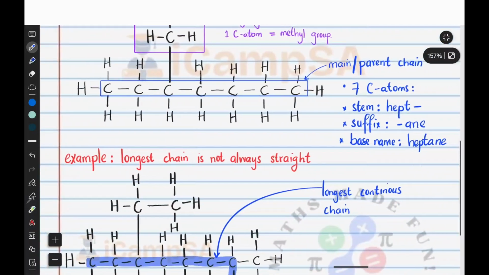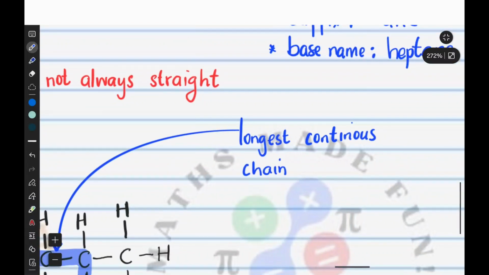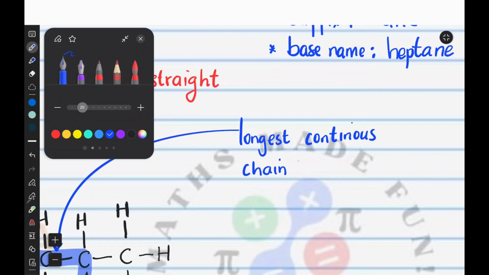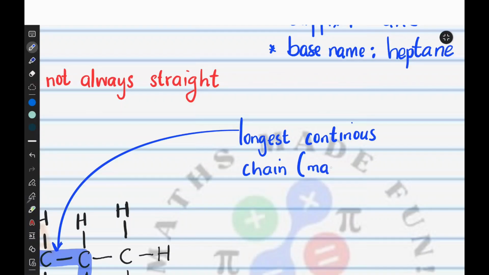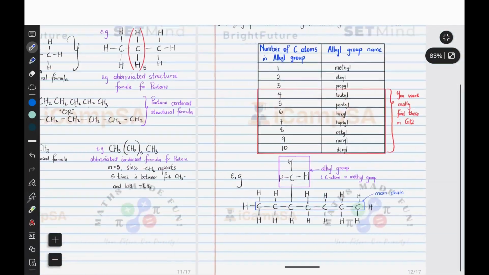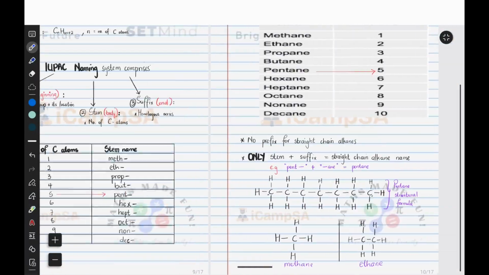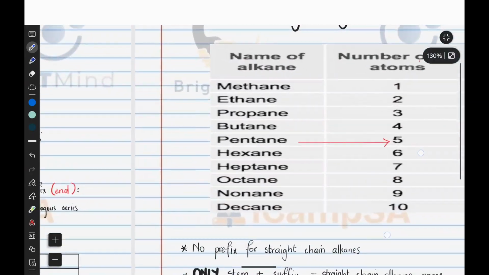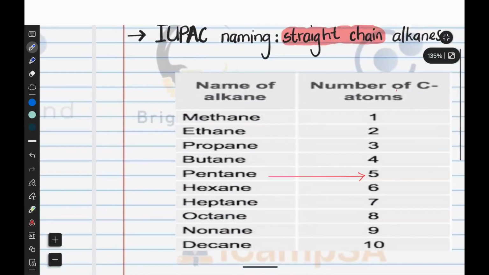Now our longest continuous chain is the main or parent chain, right? You can call it the main chain, and it has 9 carbon atoms. What does that mean? It means the name of this chain, which we call the base name, would be, what is an alkane that has 9?